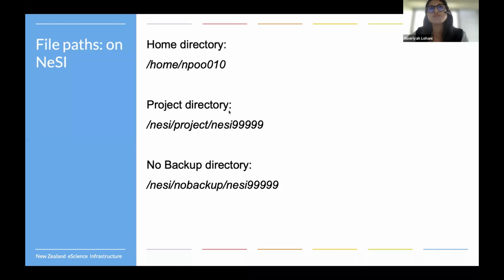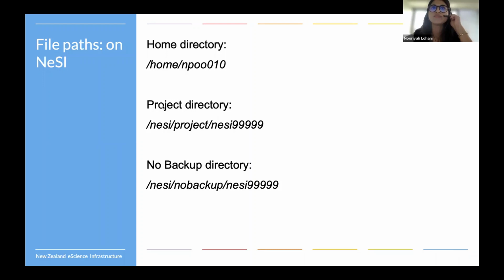A project directory is where you would store all your project data. That directory path would be NeSI, project, and then your particular project that we allocate you when you ask for a new project or allocation. And then there is a no backup directory, which is once again NeSI, no backup, and those folder names remain the same, and you would then point it to your particular project folder.